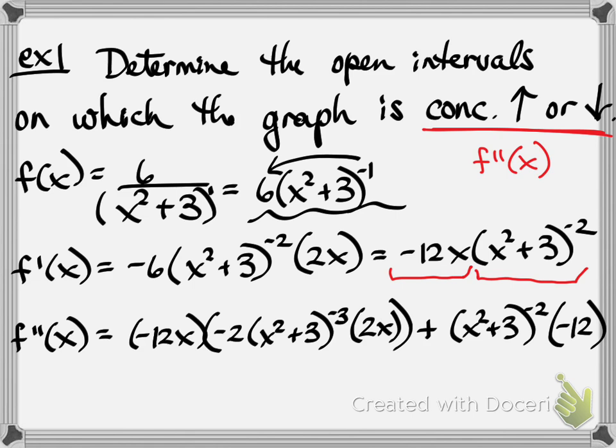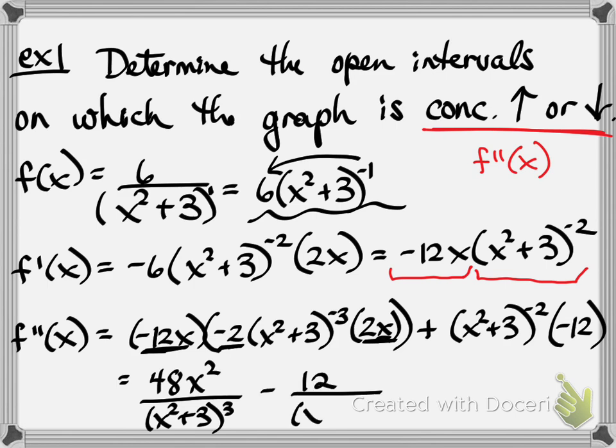So -12 times -2 is 24 times 2 is 48. The x times the x is x squared, and we're going to bump that x squared plus 3 to the third to the denominator. And over here, we're going to have -12 over x squared plus 3 to the second.